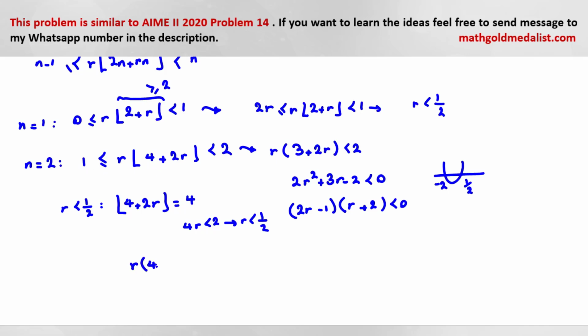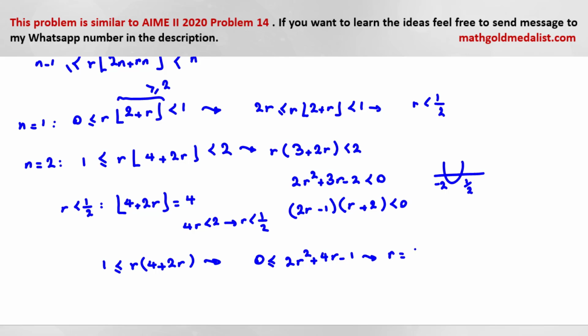r times (4 plus 2r) is greater than or equal to 1, right? So we can say 2r squared plus 4r minus 1 greater than or equal to 0, right? Then what can we say?